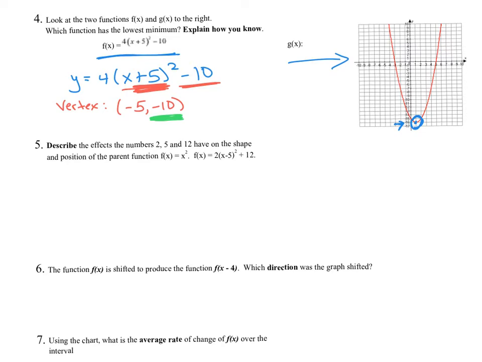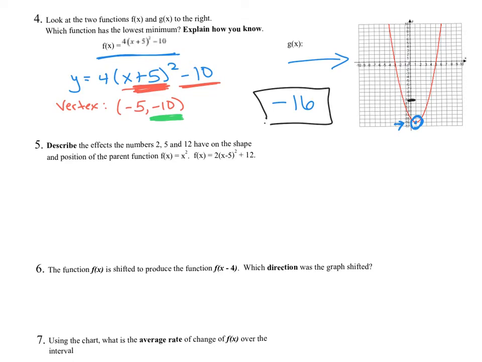So if the lowest is negative 16 for g of x and negative 10 for f of x, well, the lowest would be negative 16 because that's lower than negative 10. Because f of x, the lowest it goes is right here.